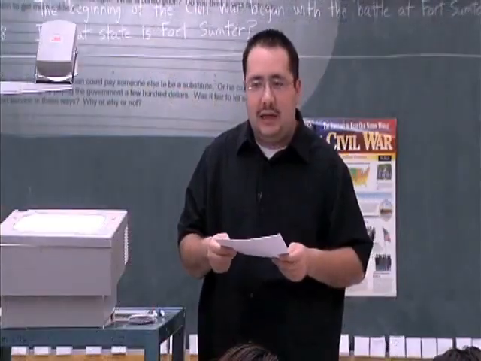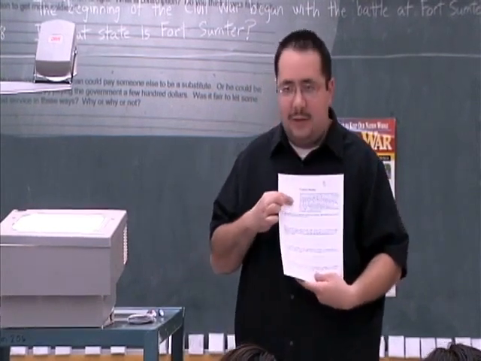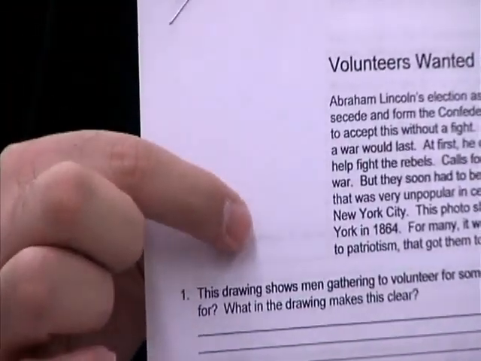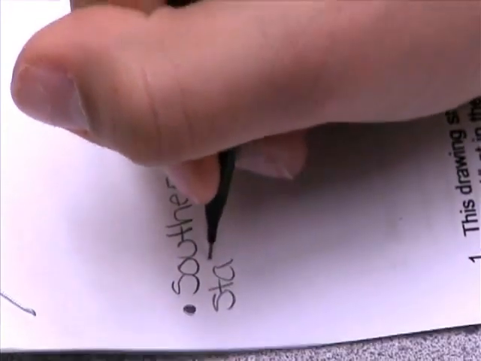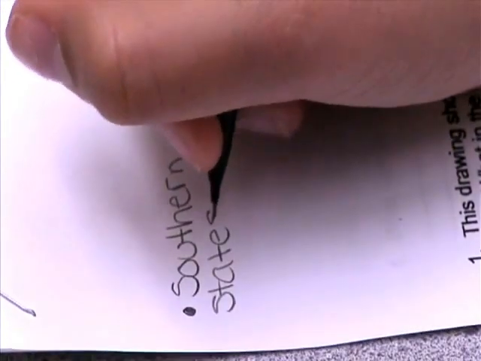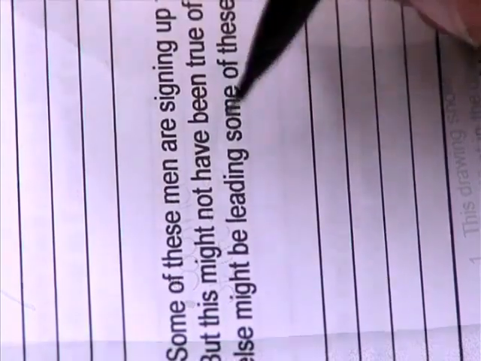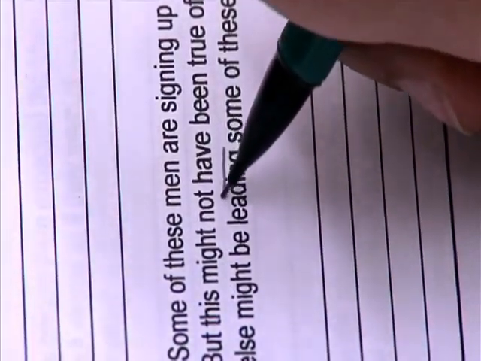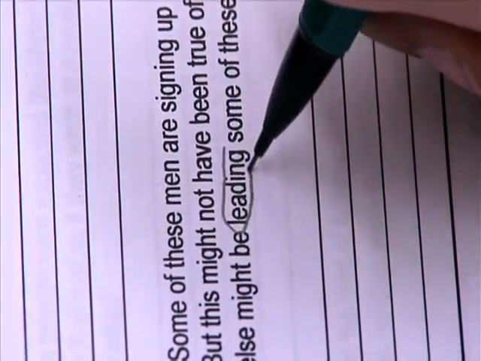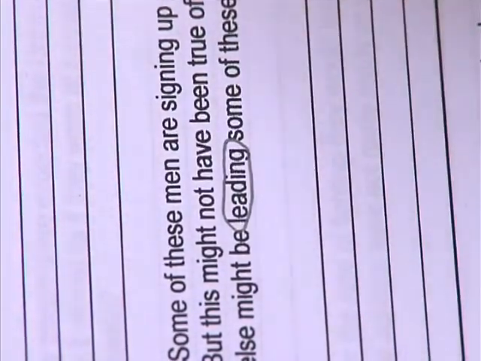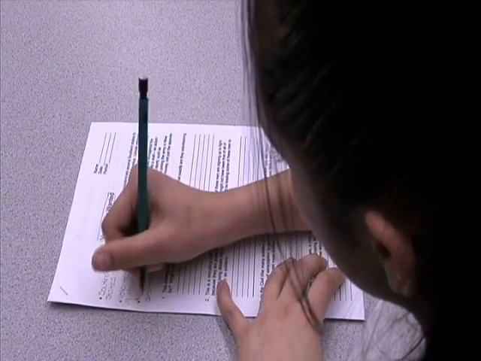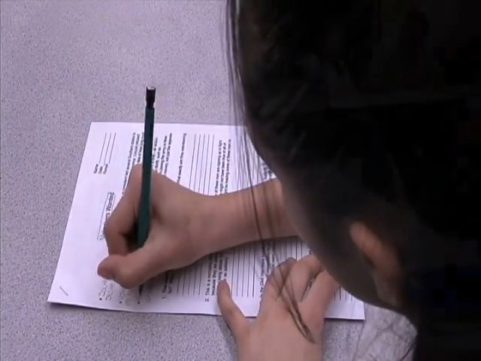As you can see, I gave you a very big margin on the left-hand side of your paper. When it comes time for the questions at the end of the text, students are to identify the keywords in the question, so that students are able to understand what the question is actually asking them. After students identify the key words or the important information within the question, students are to prove their answer.